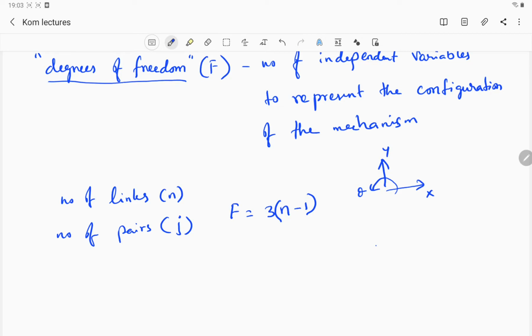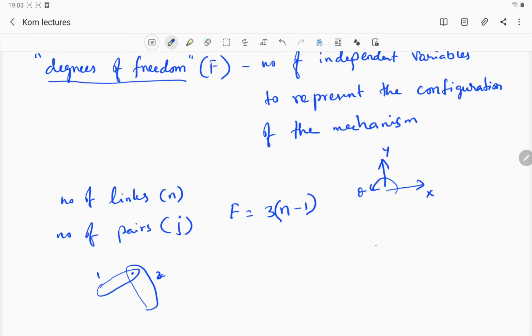Now if I introduce kinematic pairs between the links, what do I get? Let's see. Say there is a link and there's another link. If they are not hinged together, say this is link 1 and this is link 2.